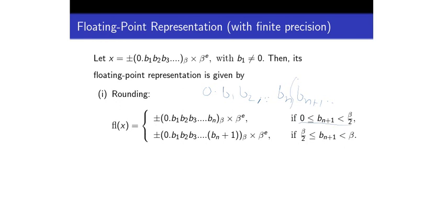When you do this type of rounding, it will lead to some errors. There are two types of errors we can talk about: one is absolute error, another is relative error.